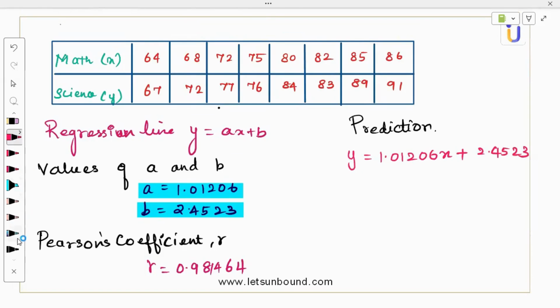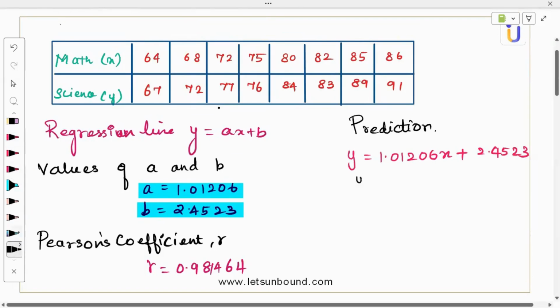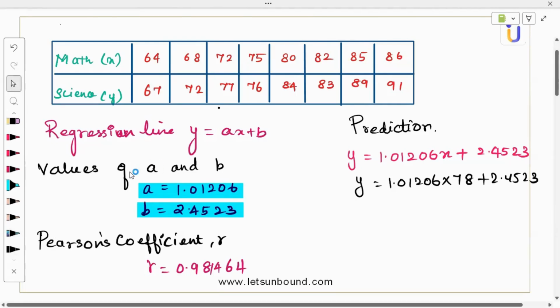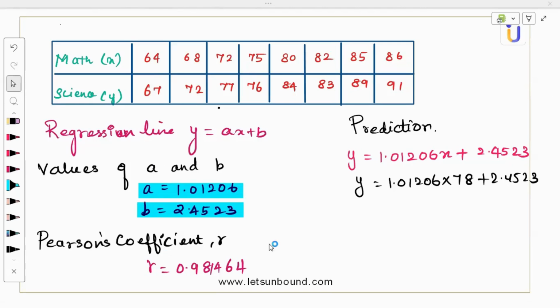And just substitute it now. Y is equal to 1.01206 times 78 plus 2.4523. So this also we can do with a calculator. We'll get an approximated science score for it. And here we will close this problem. That's simple, the first ever problem in this paper. Let's solve this here.